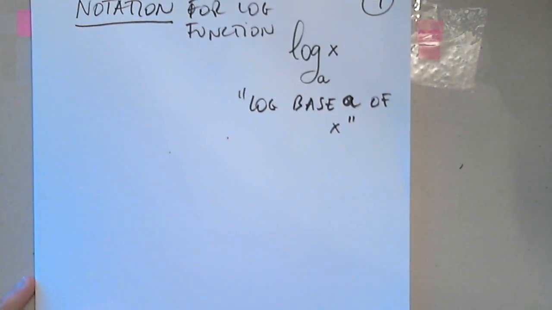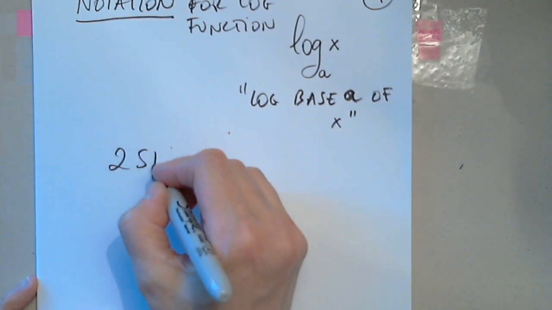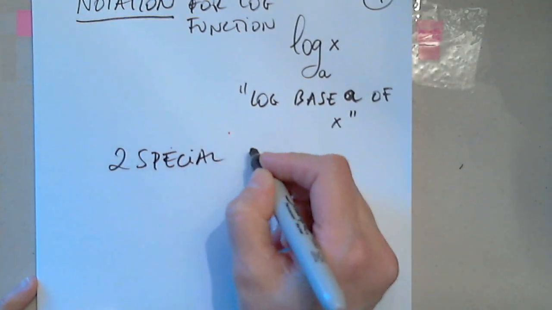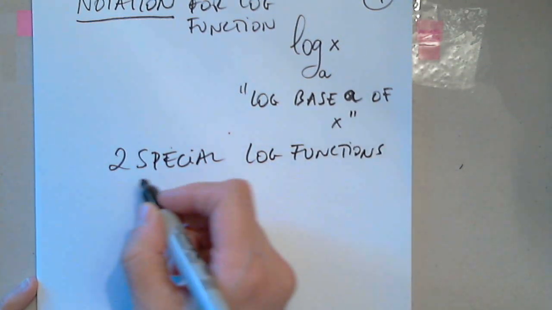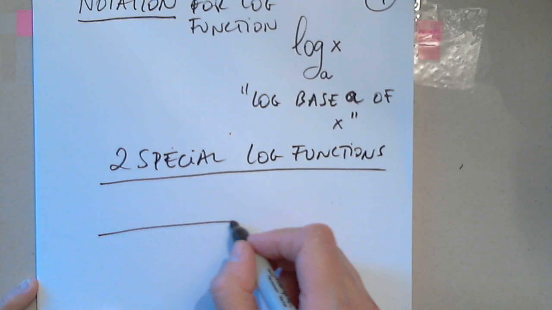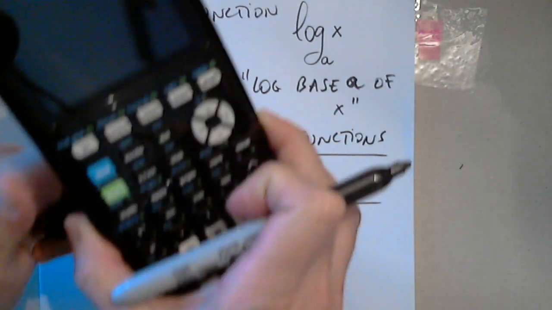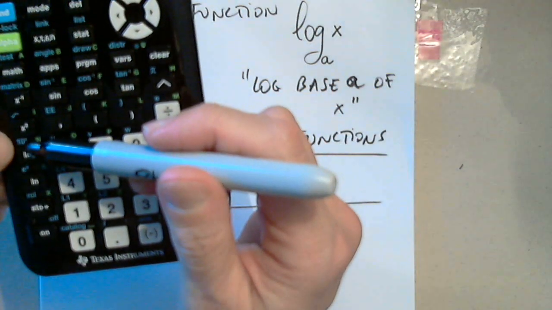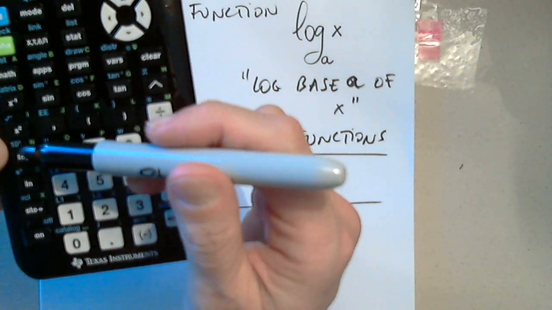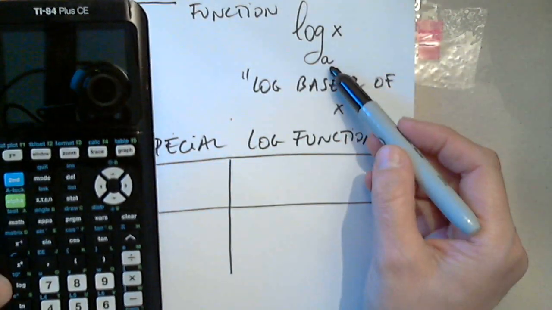Also, we do have two special log functions, because we had two special exponential functions. We had a special exponential function with base 10, so its inverse will be log with no base.